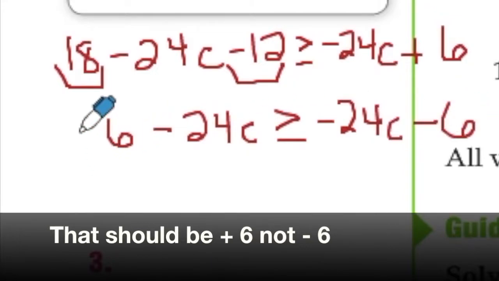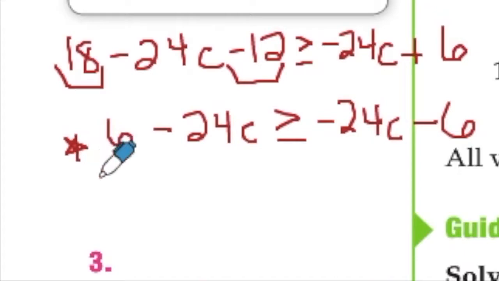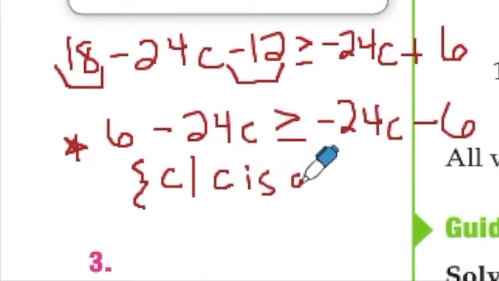And there's really no point to go any further because what I have on both sides of the inequality sign are the same. So 5a is all real numbers. So the way I would write that in solution set notation is C such that C is a real number.